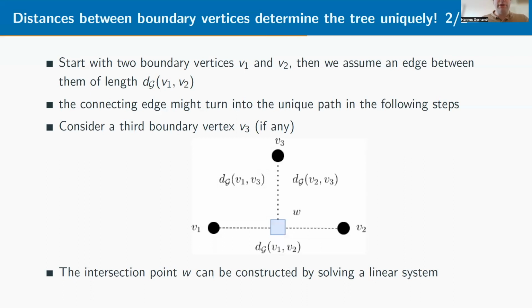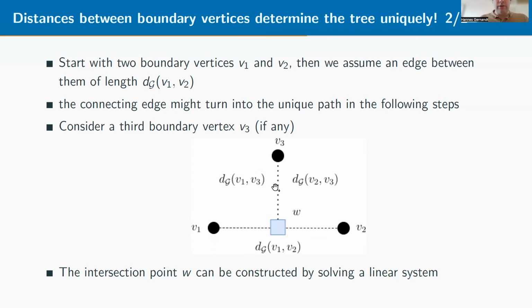So now what happens if we proceed inductively in the proof? If we consider a third boundary vertex, you can have a look at the sketch here. The main idea is that you know by assumption all the pairwise distances here. So you know the distance from V1 to V3, V1 to V2, V2 to V3.